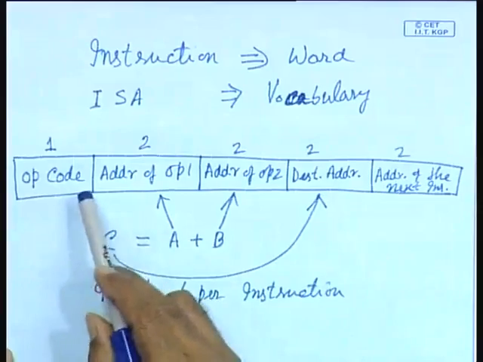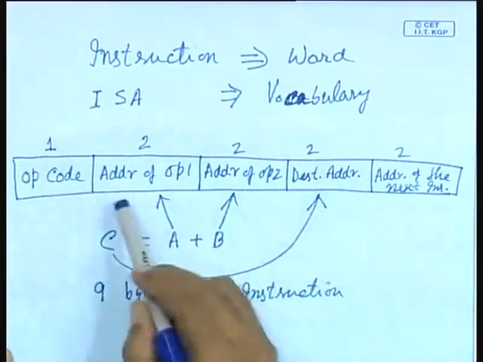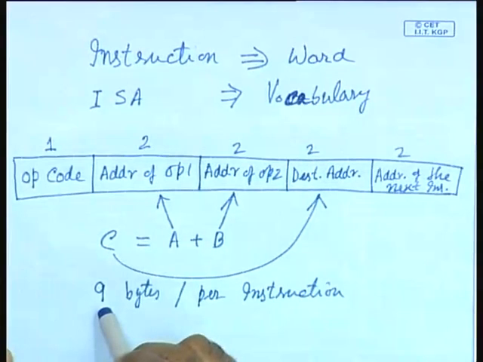So for 9 bytes you will require at least 5 machine cycles to fetch it. So each instruction fetch will require a long time. In other words, execution time will be long. So storage requirement is large and processing time is long if all the fields are specified explicitly. In that case, what is the alternative?